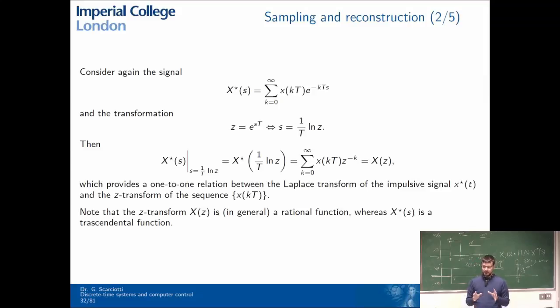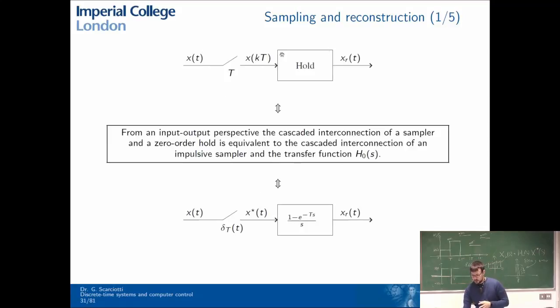This concludes the first part of this lecture. As you can see, we have covered the sampling and reconstruction part 1 and part 2 of 5. So part 1 and part 2 are together, and what we have seen is how to describe this interconnection in a mathematical way, and we have seen that this interconnection can be described by this other interconnection.